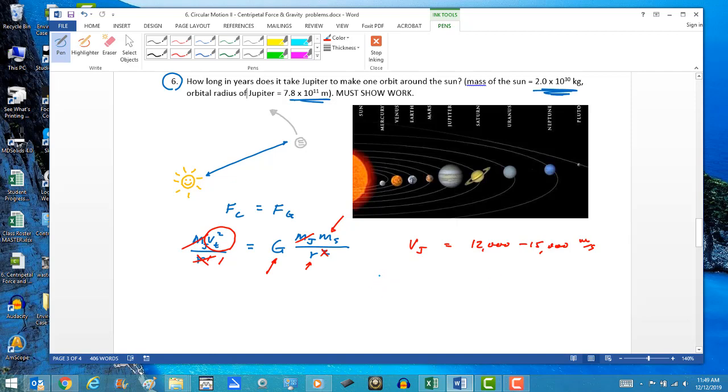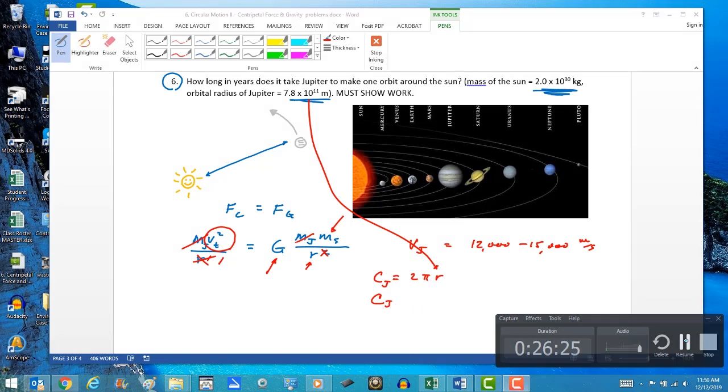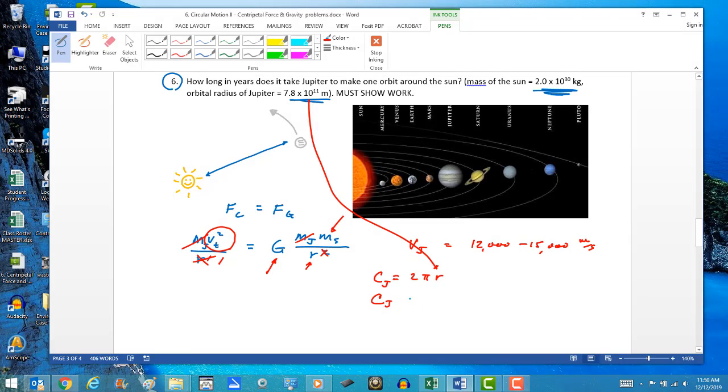The circumference of a circle, of course, is 2 pi radius. We're given the radius right here, so that's where you would plug that in. That will give you the distance that Jupiter travels around the Sun, the orbit.